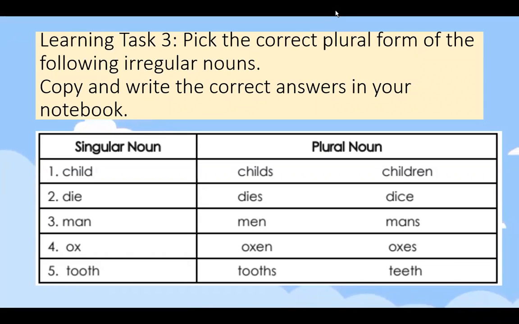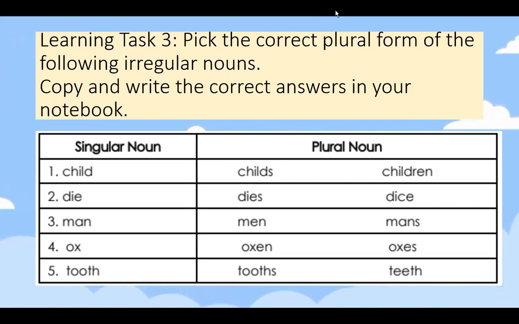Now, for the third task, what we're going to do is to pick the correct plural form of the following irregular nouns. Again, you have to copy this one and write the correct answer in your notebook. For the first column, we have the singular noun, which is child.